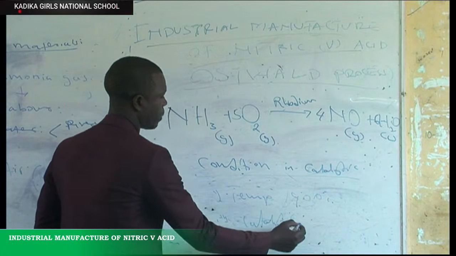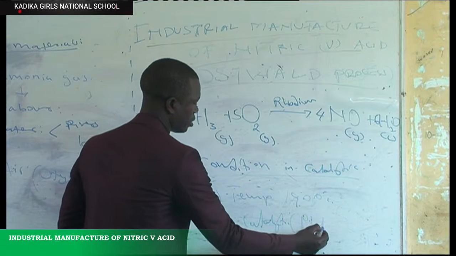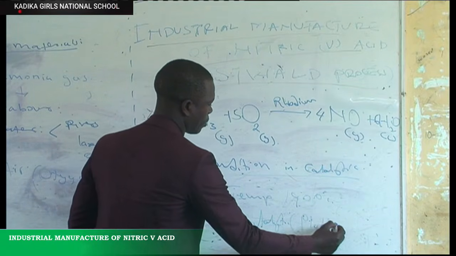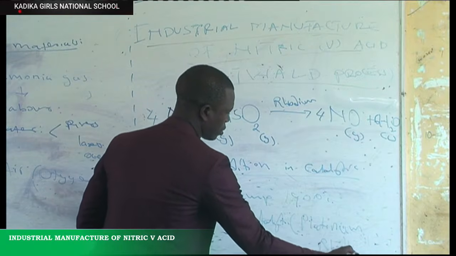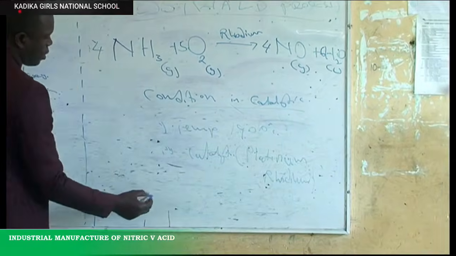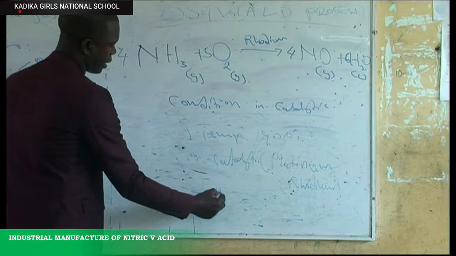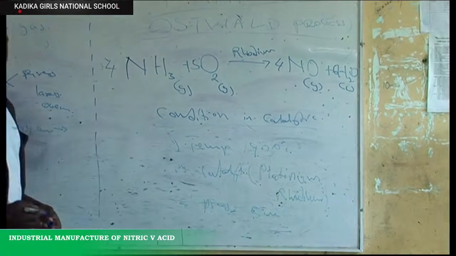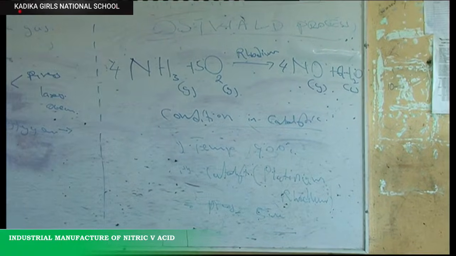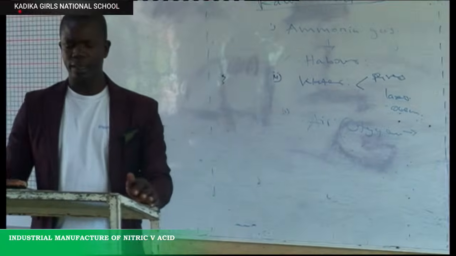The catalyst here is called platinum rhodium catalyst. And then there is also a pressure of 5 atmosphere in the catalytic chamber.